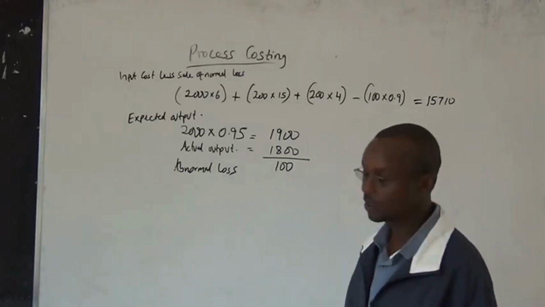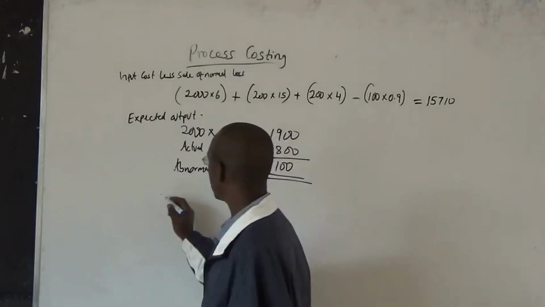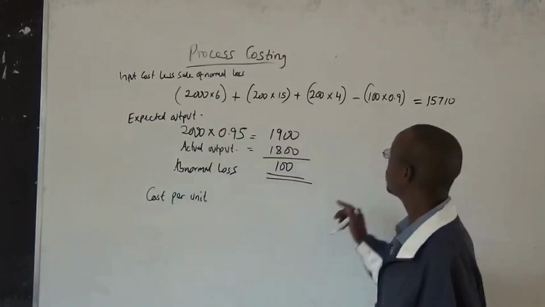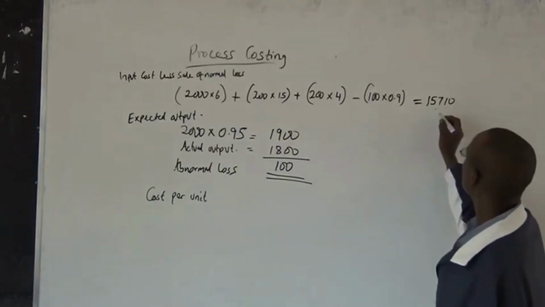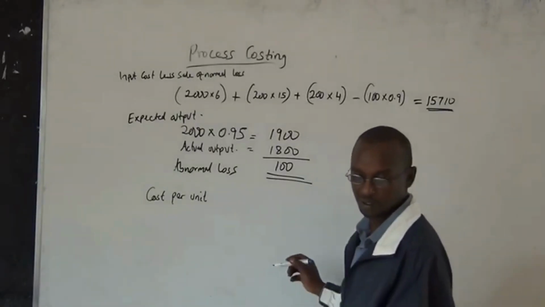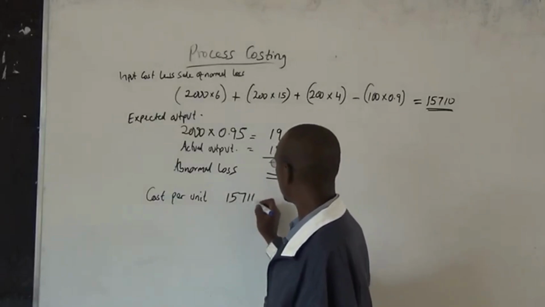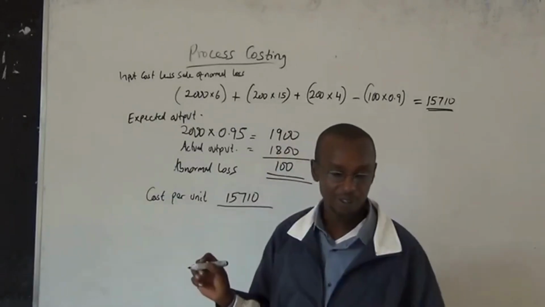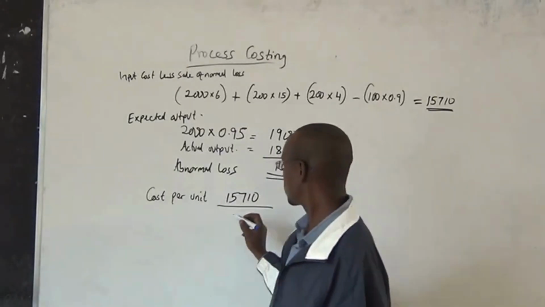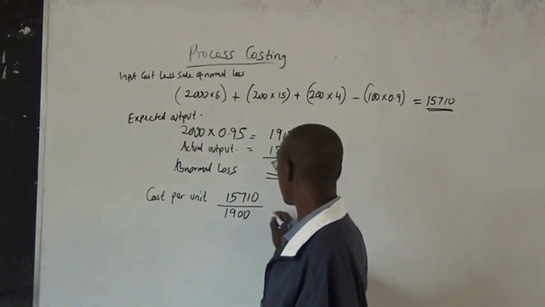That is it. So cost per unit we are going to get from here. This one, 15,710, divided by our units, the units that we are expecting, 1,900.